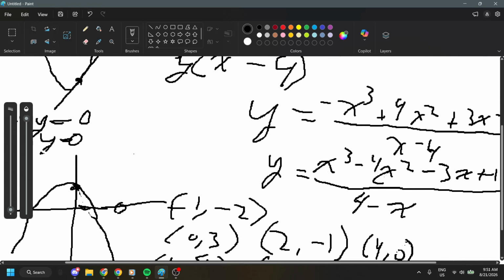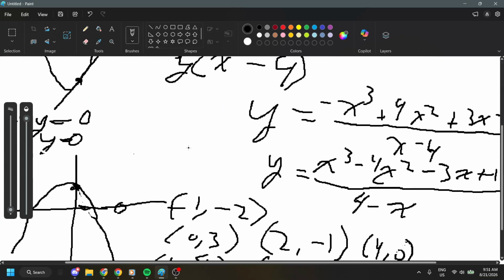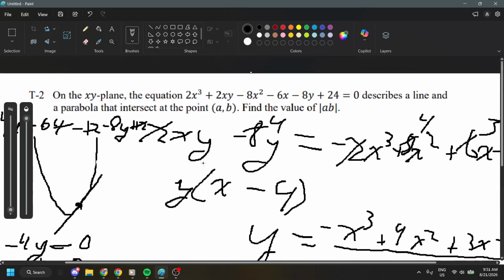Because this is a 1 in, 1 out function. This is not. I don't understand, because I could just get rid of the y's, it's like fine. What am I doing in that act of changing it from this to this, except excluding the x equals 4 that matters?